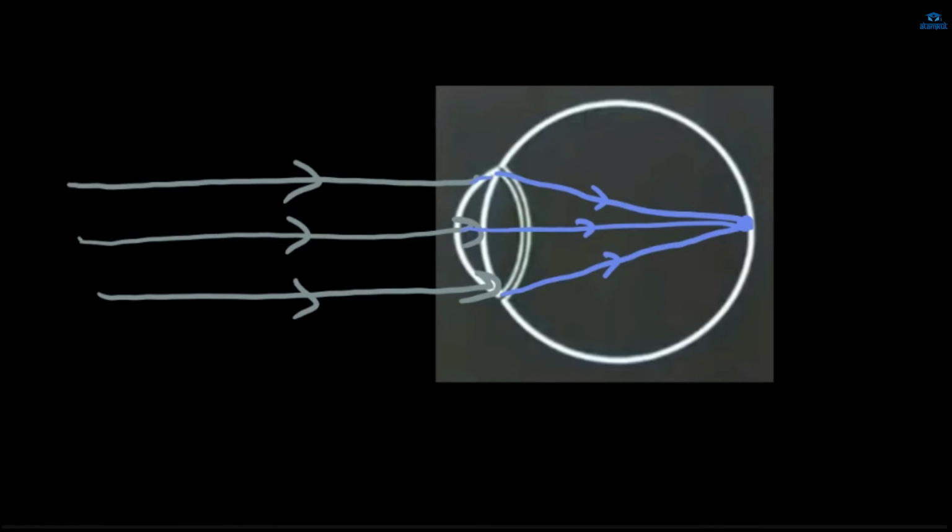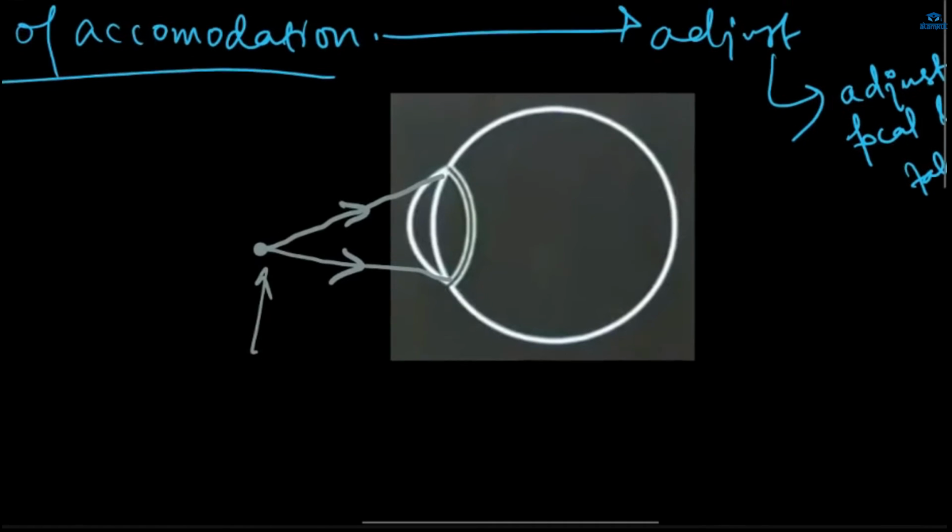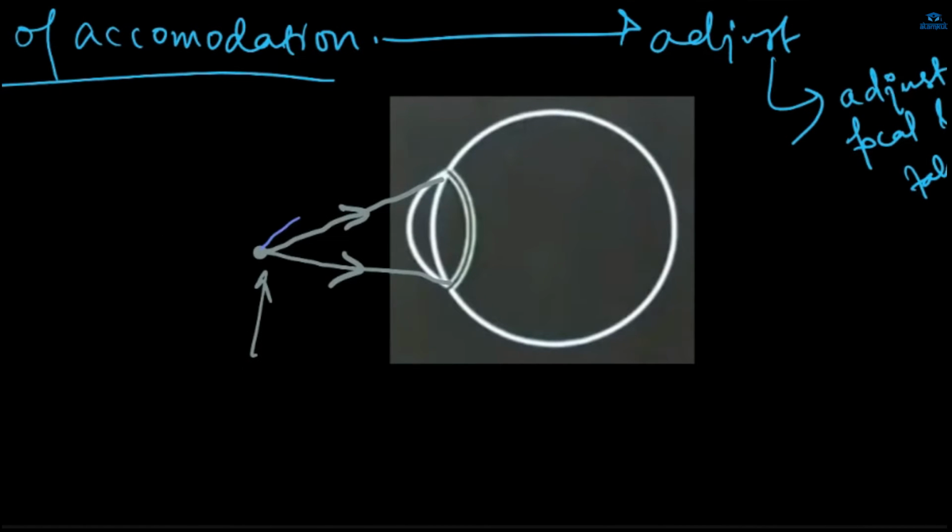Now if we want to see the object that is near to us clearly, then what should the focal length be? It has to adjust itself now so that we can see the object clearly once the image forms at the retina.